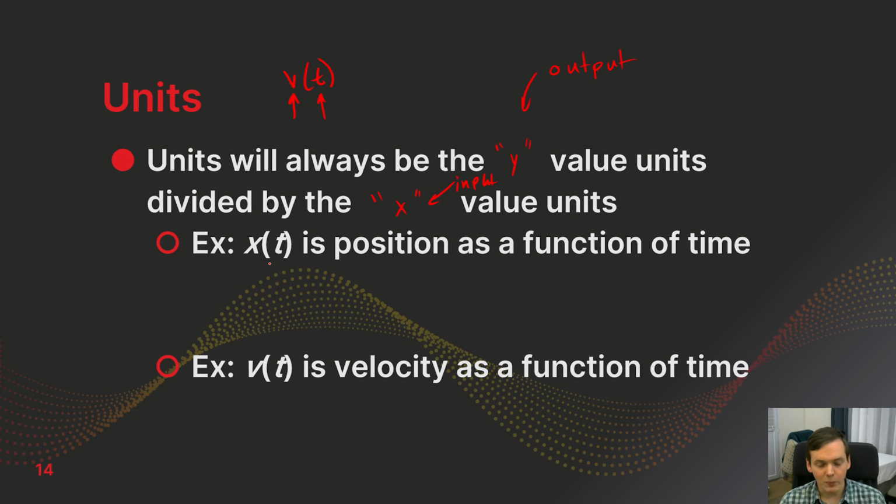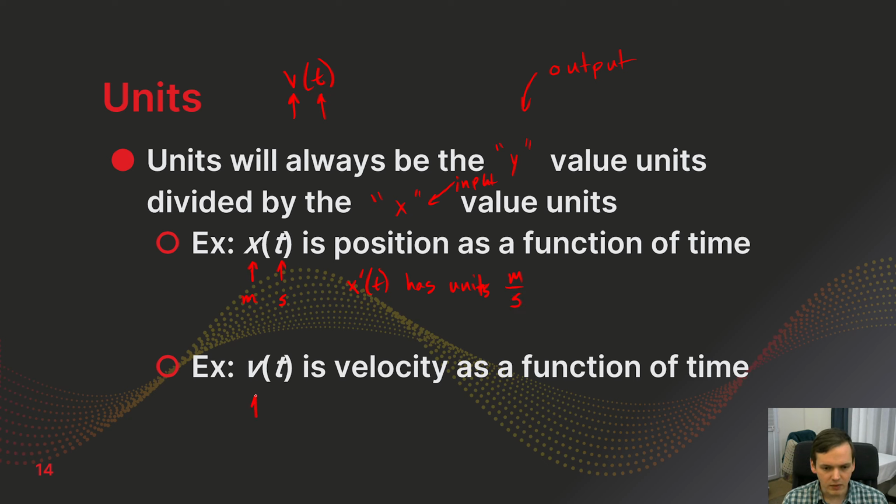So as an example, if x of t is position as a function of time, then we have our x units and we have our t units. X is meters, t is seconds. So x prime of t has units of meters per second.